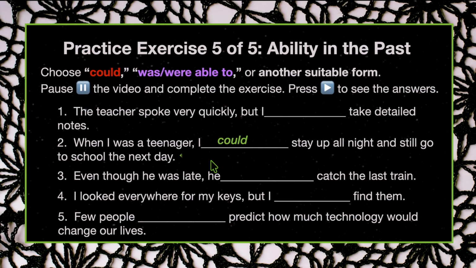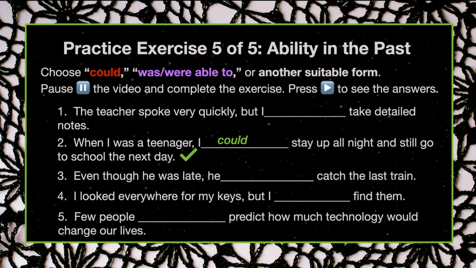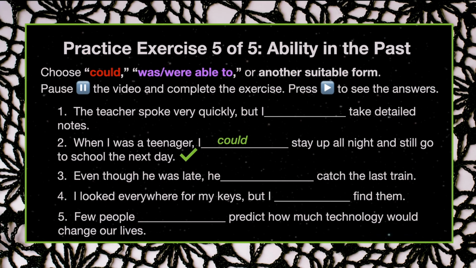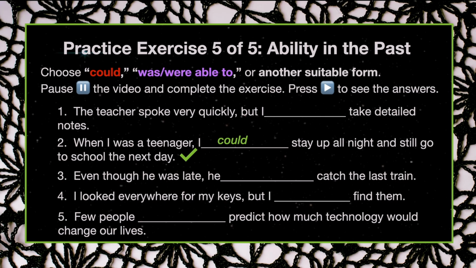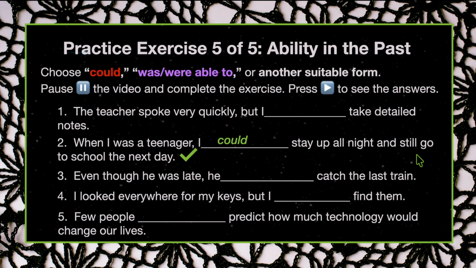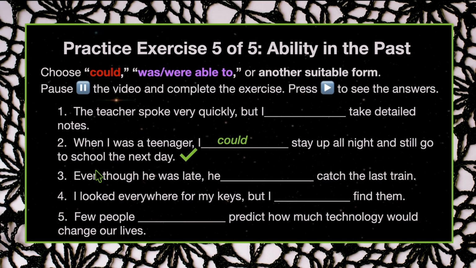If you say could, I totally agree with you. This would fall under habitual. It says, when I was a teenager. So it sounds like when this person was a teenager, they would just stay up all night and still go to school the next day.